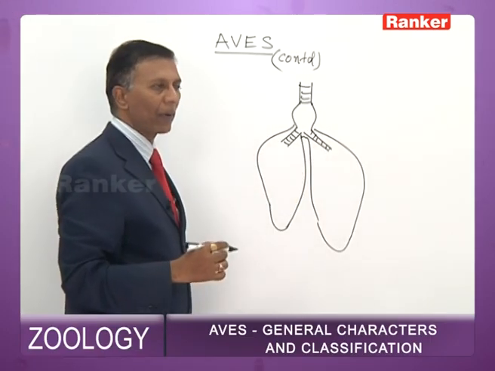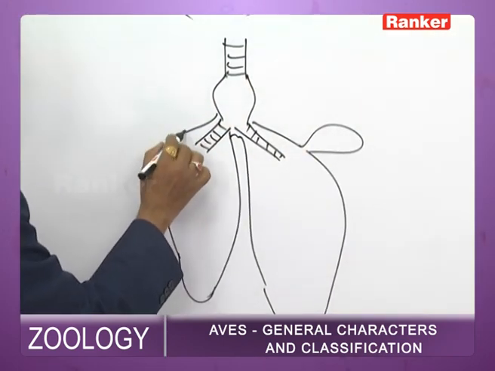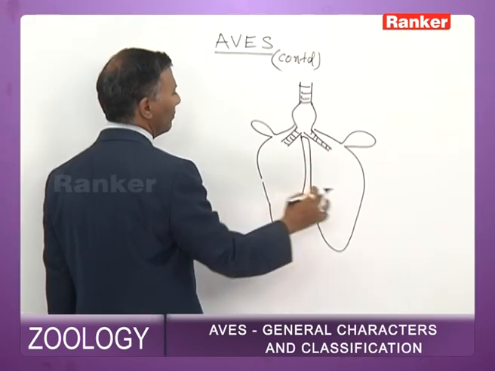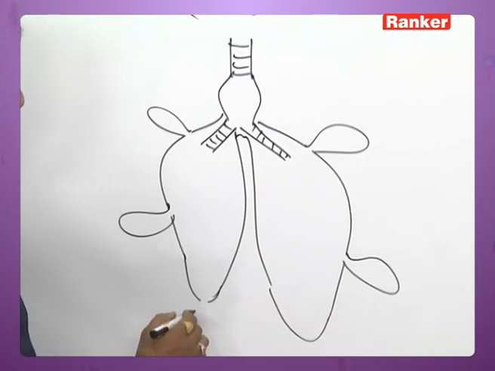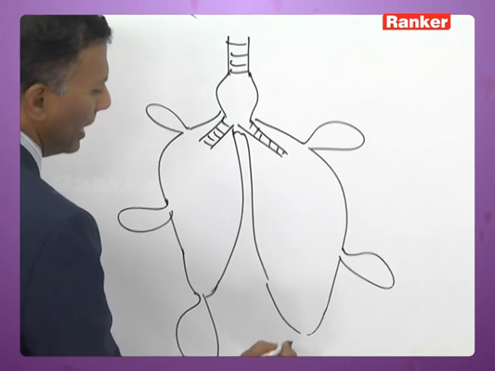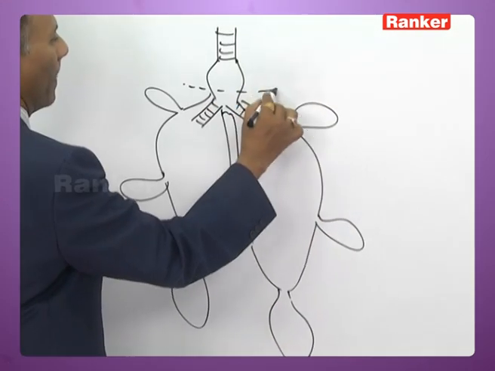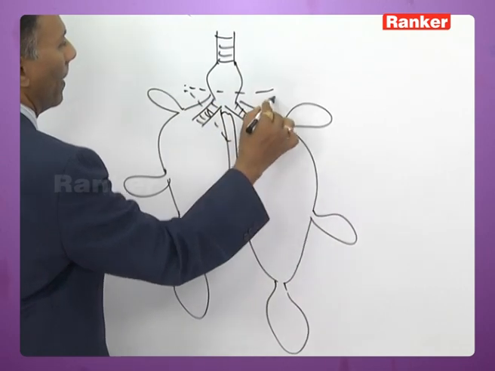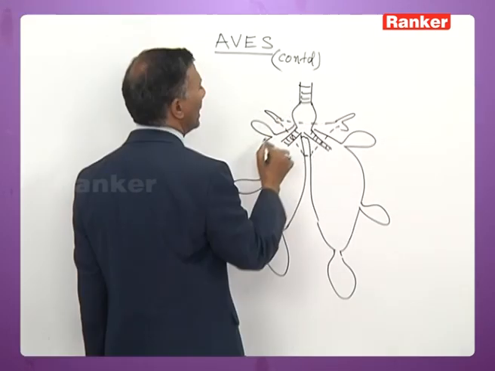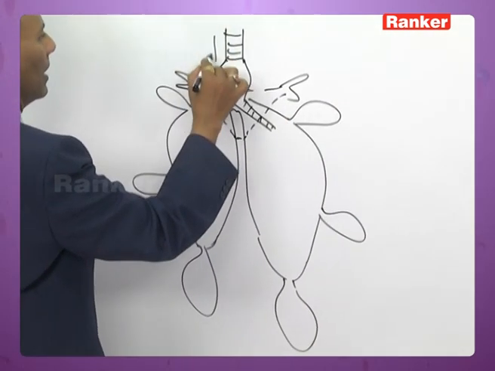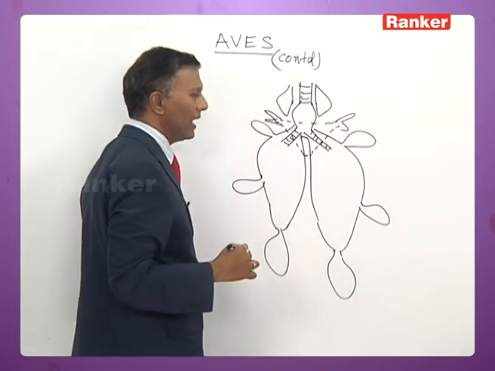Now these lungs are provided with a pair of anterior thoracic air sacs, a pair of posterior thoracic air sacs, a pair of abdominal air sacs, an interclavicular air sac, and cervical air sacs.